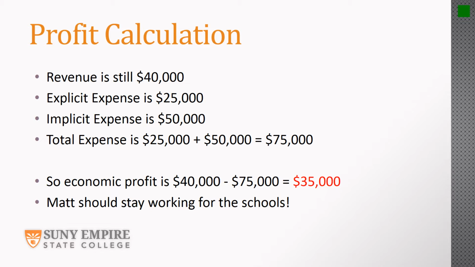Therefore, the total economic expense is $25,000 plus $50,000, or $75,000. This makes his economic profit $40,000 minus $75,000, or negative $35,000. Matt chose his career path poorly. He should stay working in the various schools.